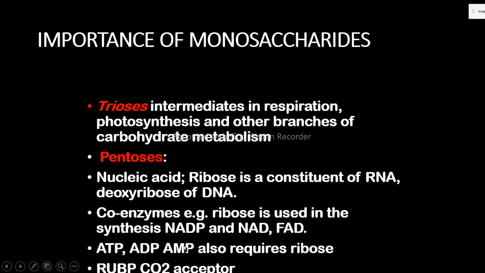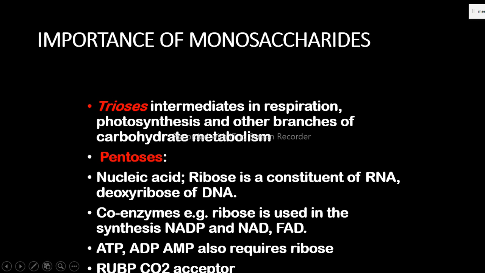And this one is a messenger. We have cyclic AMP. We shall study it in coordination, but I have also made videos about this. So this is a second messenger in cells. They perform different functions, and they all require the ribose sugar.